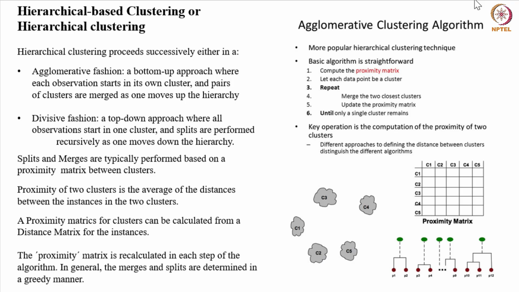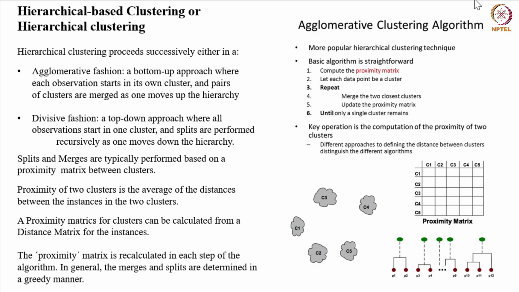But then it's the habit in this kind of approach that you want to abstract a little. So you want to calculate not only the distances between instances, but also the proximity or distance between clusters.